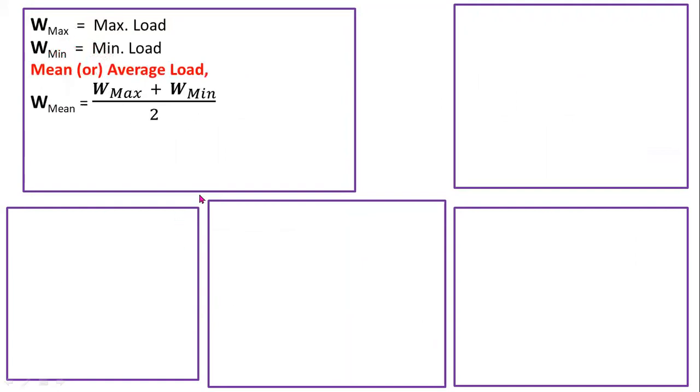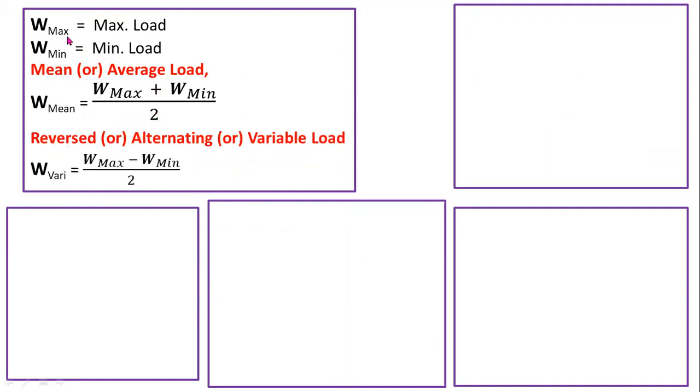These are the formulas for mean and variable stresses. W max is the maximum load and W min is the minimum load, then the average or mean load equals maximum plus minimum by 2. For the variable load, W variable equals maximum load minus minimum load by 2. These are the formulas for load.